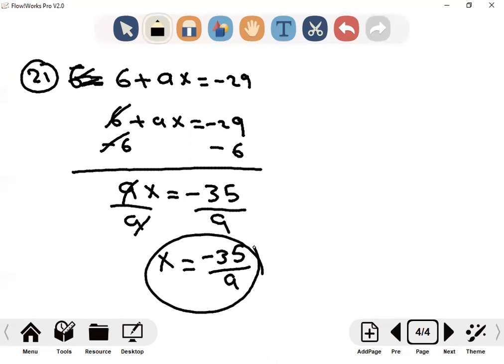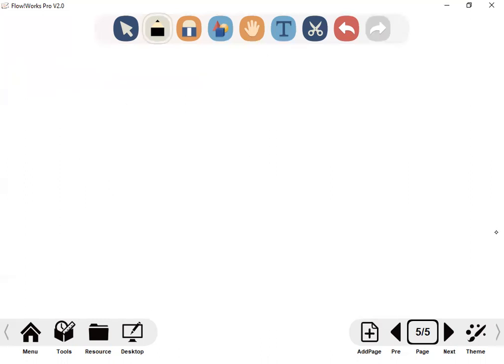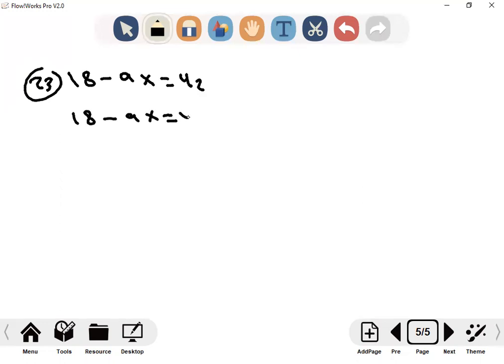Divide by negative a on both sides. x stays, right? It's easy, Ammar. Quiet, Ammar. 23: we have 18 minus ax equals 42.